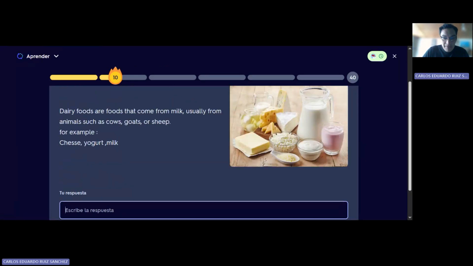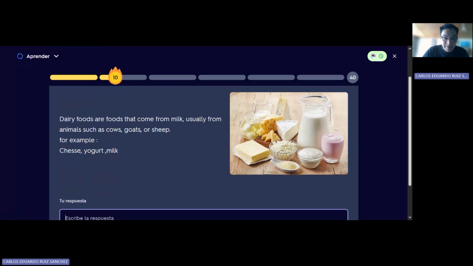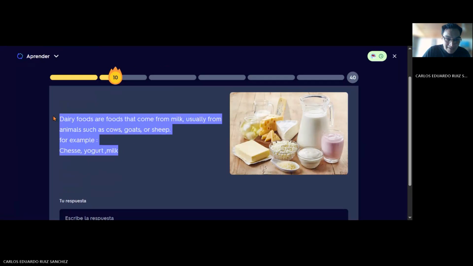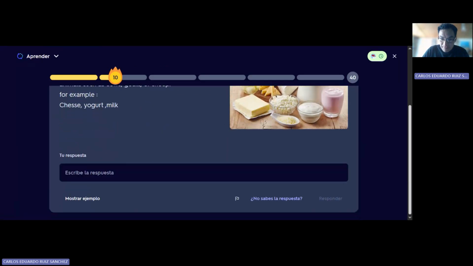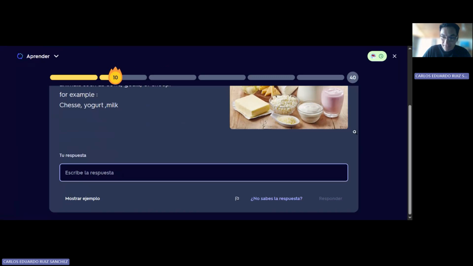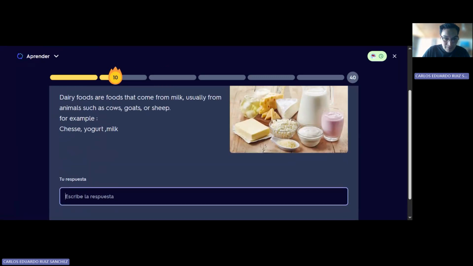So what we have to do here is identify the main word, or better, what is the main vocabulary or the title of the vocabulary that you can watch in this statement? For me it is dairy foods. What if I write it the same? Dairy foods.